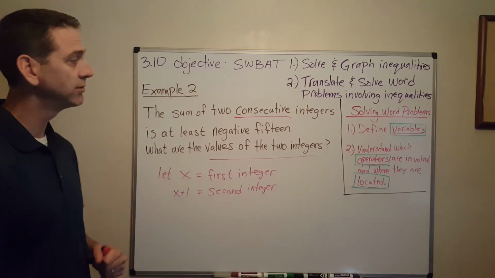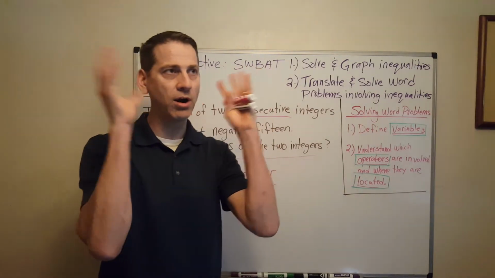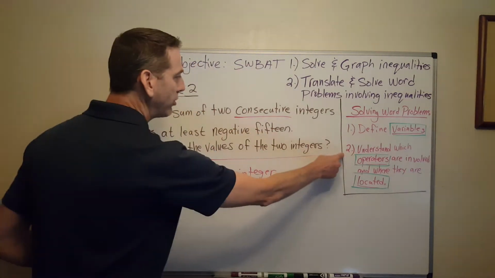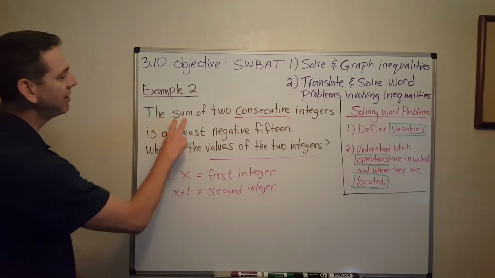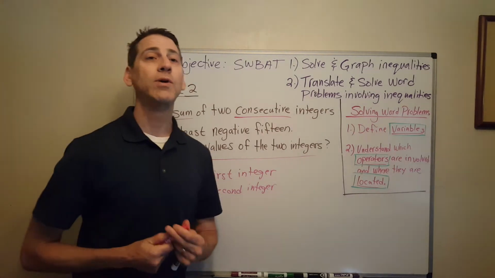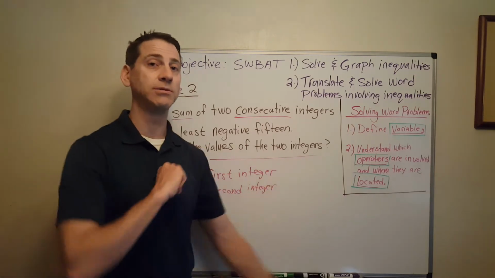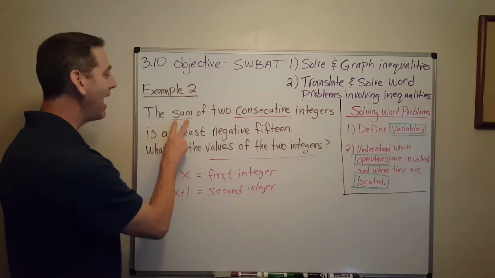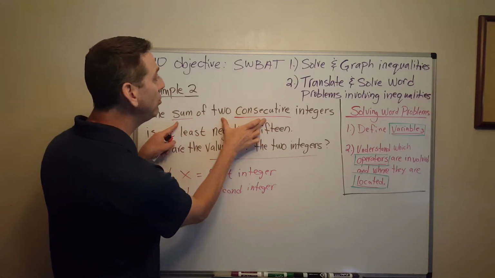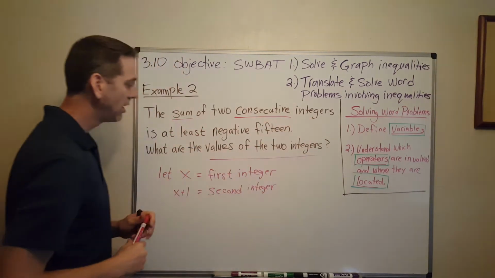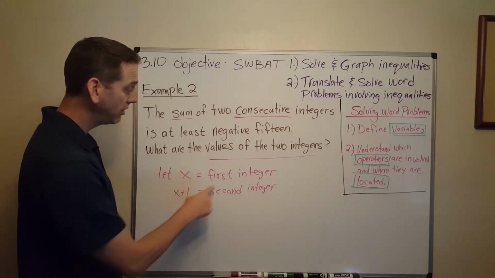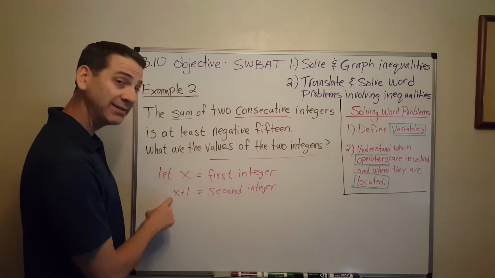I have my 2 integers defined. Now I need to understand where my operators fit. That's part 2. The sum. That's an important word. What does sum mean? That's the result of addition, so I'm going to be adding something. What am I adding? The sum of 2 consecutive integers. Here's my first integer, there's my second integer.